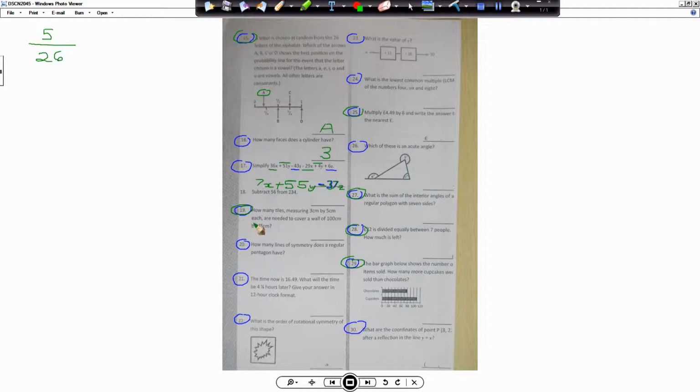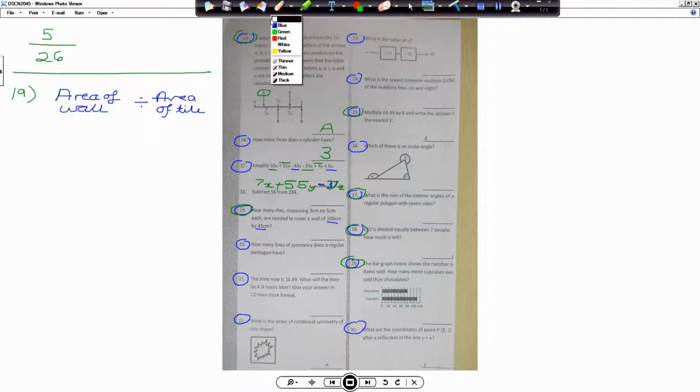Number 19. How many tiles measuring 3 by 5 each are needed to cover a wall of 100 by 45? Okay, so to work out question number 19, how many tiles will fit on the wall? This is the calculation we need to do. Area of the wall divided by the area of a tile. Now, the area of the wall is 100 by 45.